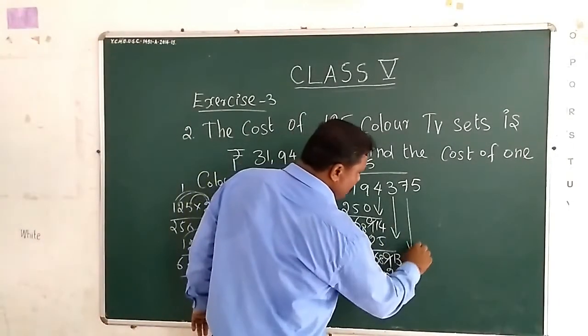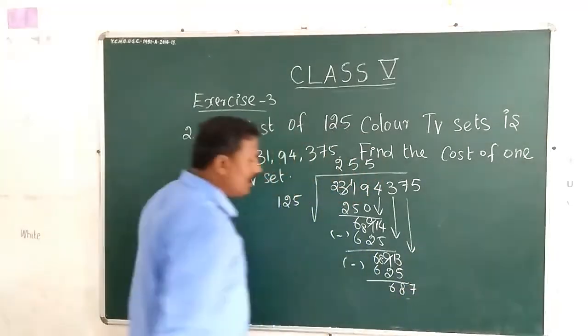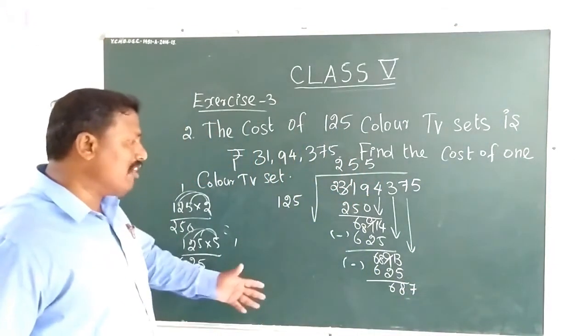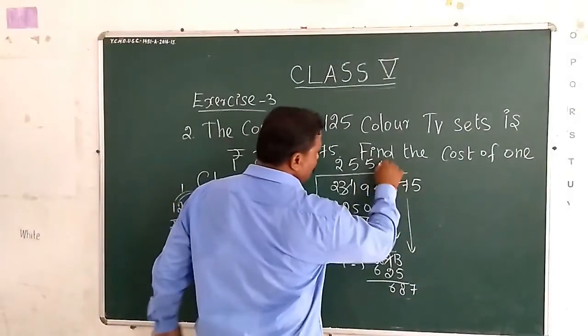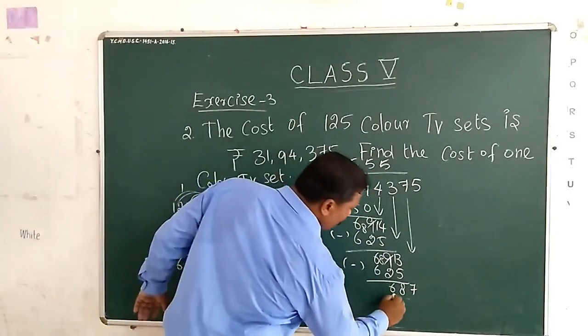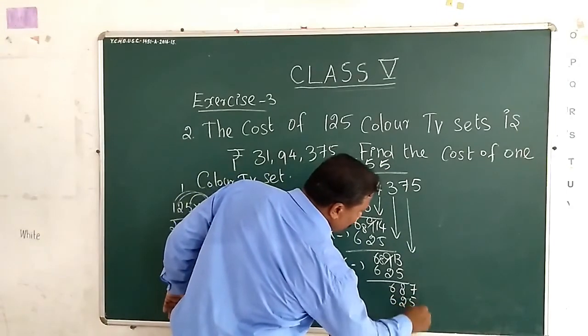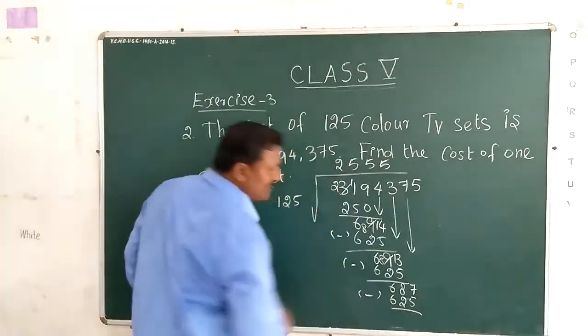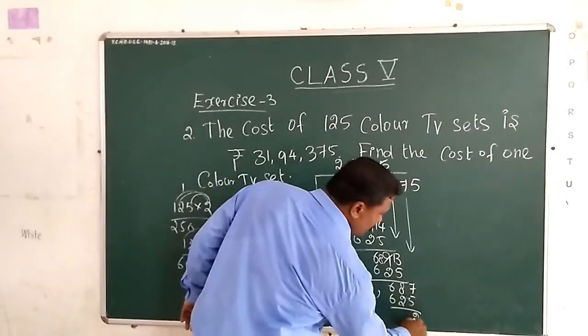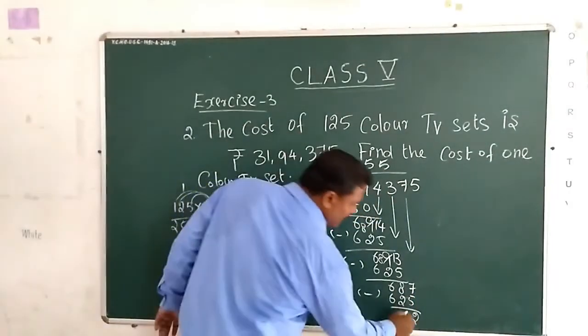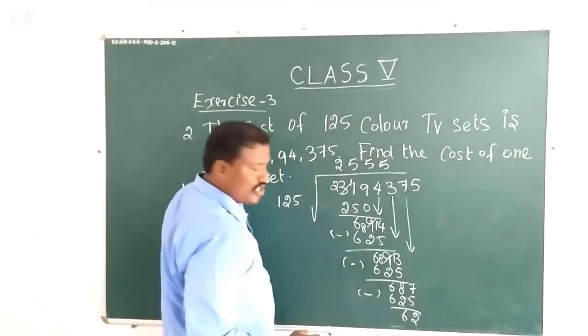Then take down 7. If you see, now also we can do it by 5 times. So 5 125s are 625. If you subtract this, 7 minus 5 is 2. 8 minus 2 is 6. 6 minus 6 is 0.